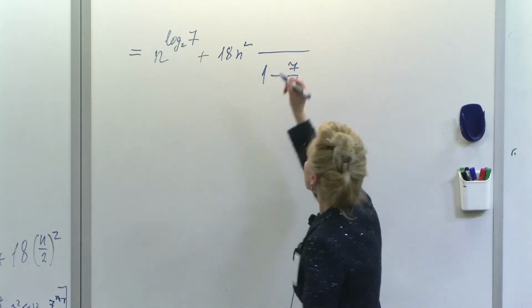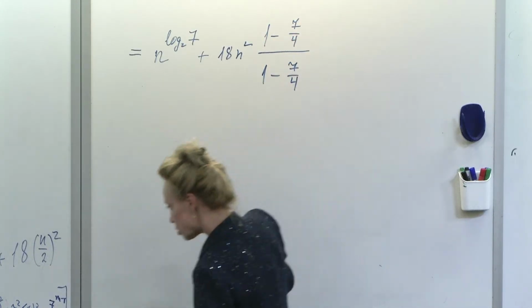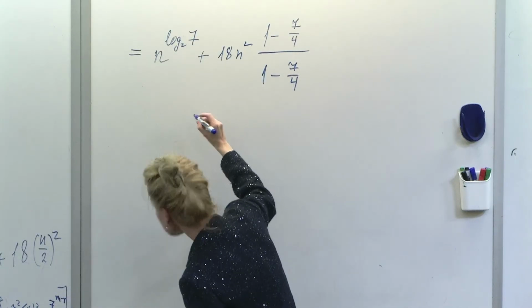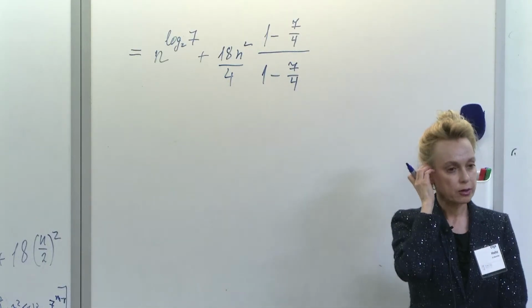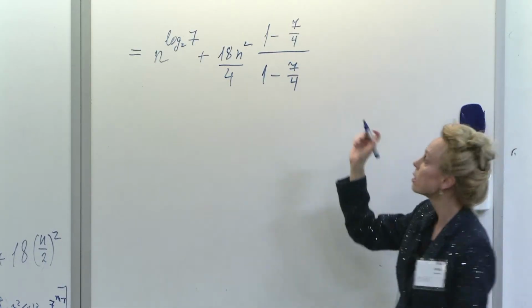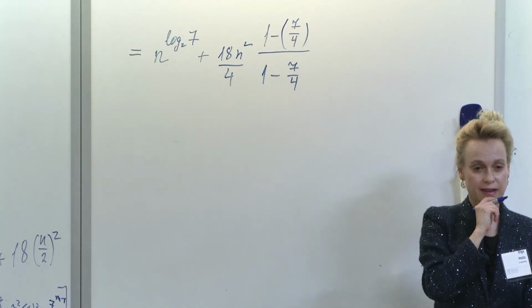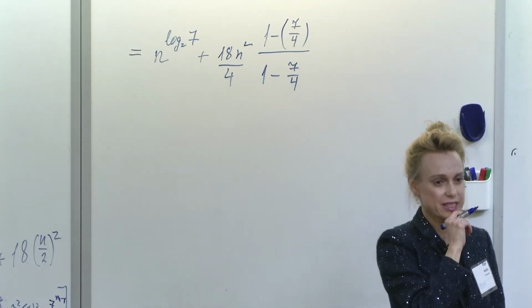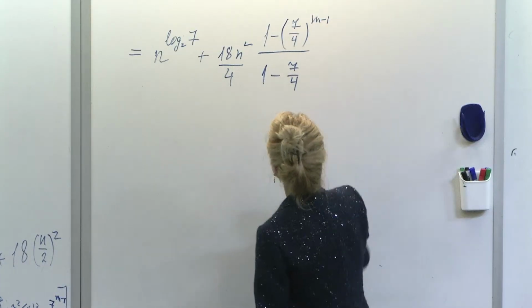Okay, and what do I put here? 1 minus 7 quarters to what power? It's not exactly 1. There will be a 4 here as well, right? So 1 minus 7 quarters to what power? Roughly m. Is it m? M minus 1, one of those, right? M minus 1. Okay, cool.